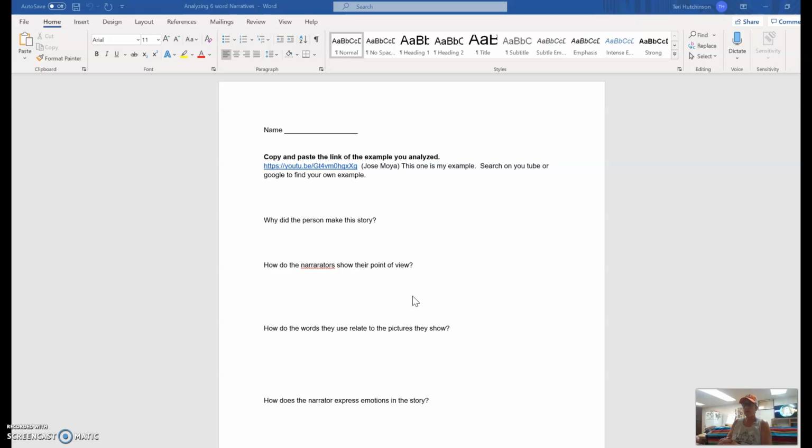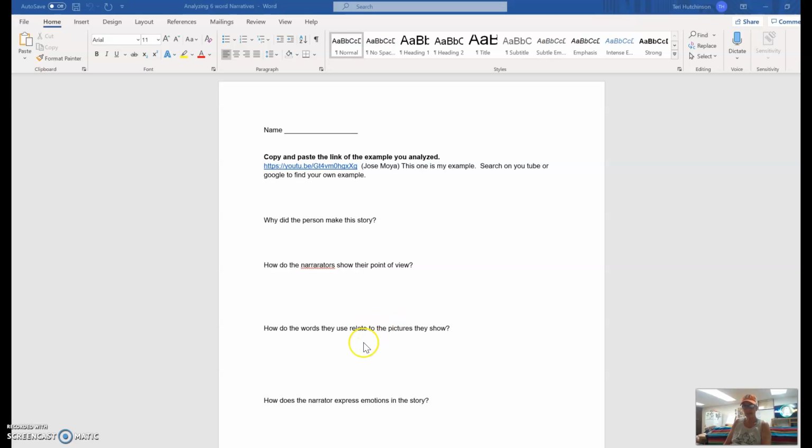So you can pick one or two images from the slideshow or the video that you watch and really dive deep into those and say, okay, they show their point of view in this picture by saying how important mountains are, but not only do they say how important the mountains are to them, they show three pictures of the mountains, that kind of thing. Okay, how does the narrator show you what's important to them?